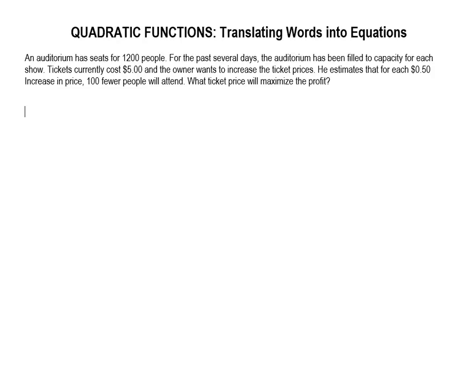Now remember that in a parabola or quadratic function, you can get maximums or minimums depending on which way the parabola opens, right? So let's see if we can translate this and figure it out. Now the first thing that we're going to do is that the revenue is going to be equal to the number of tickets sold times the price of the ticket, right?